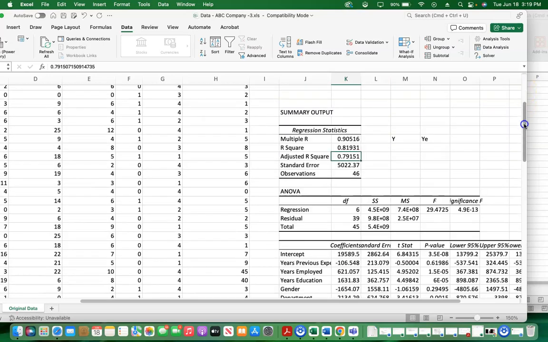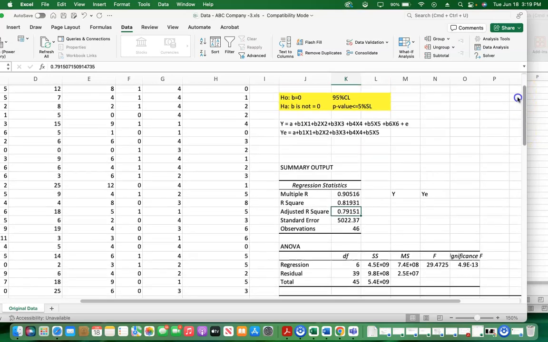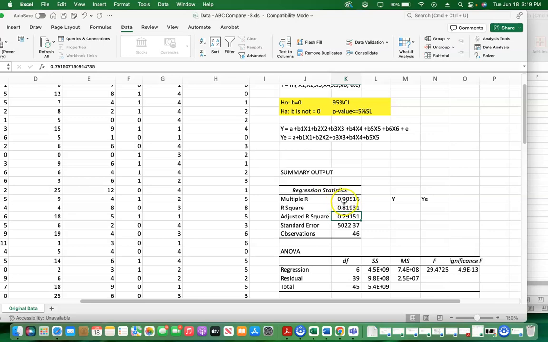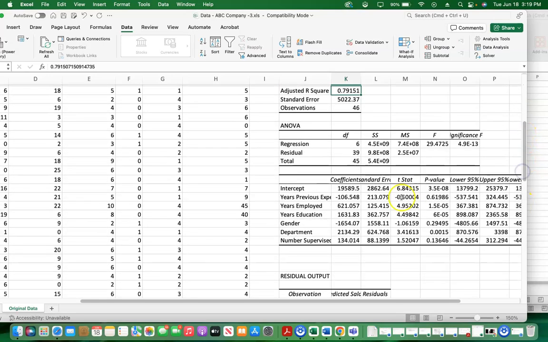And so in this case, since everything is okay, the multiple R is significant, and the adjusted R squared or the R squared is okay, we can go to the outcomes to validate the slope of each particular variable.